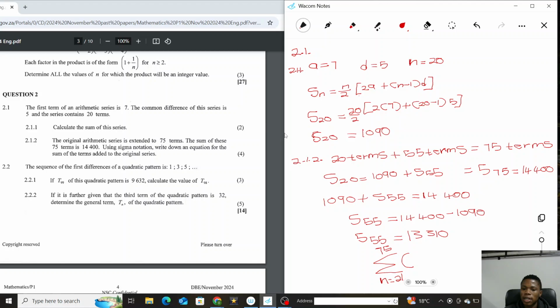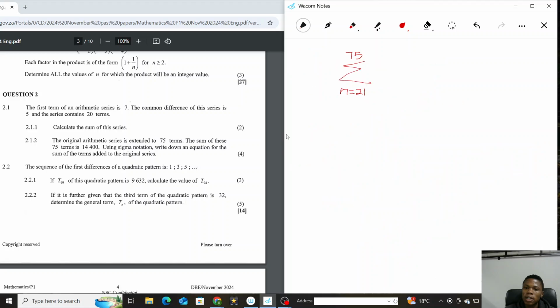Okay, let me do this. I'll write my notation as follows: here will be 75 and n will be 21, because when you substitute this n into the general term, you get the first term of the 55 terms that are added. Here I must write the general term.